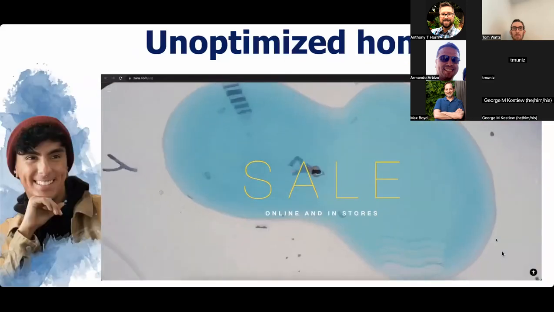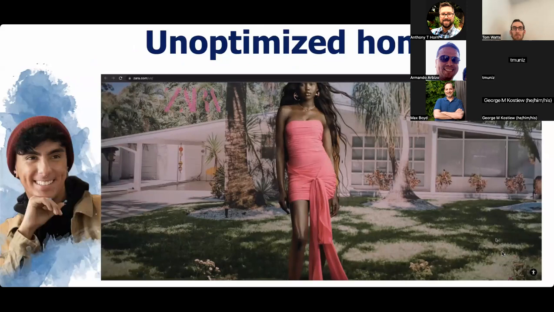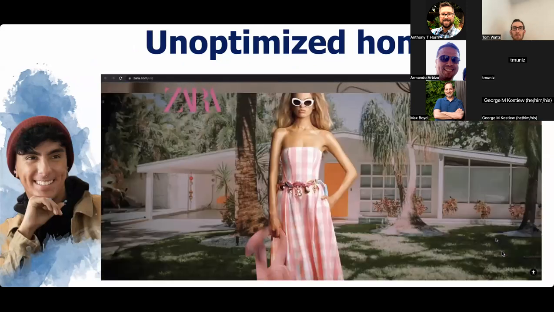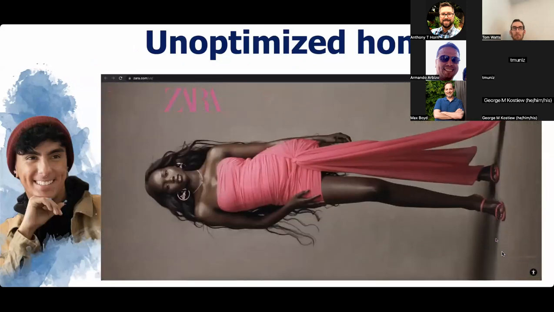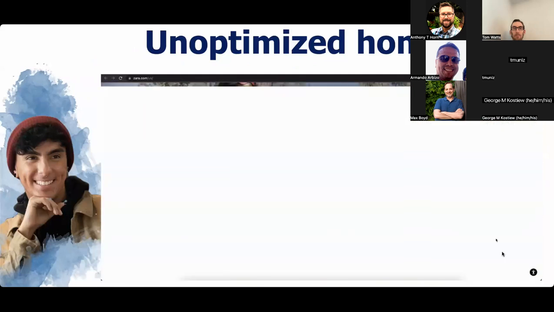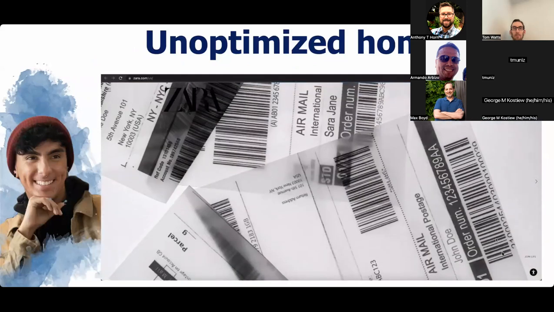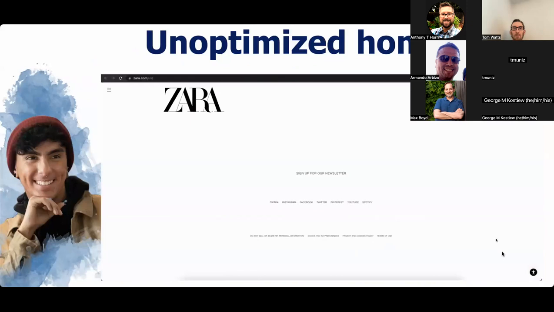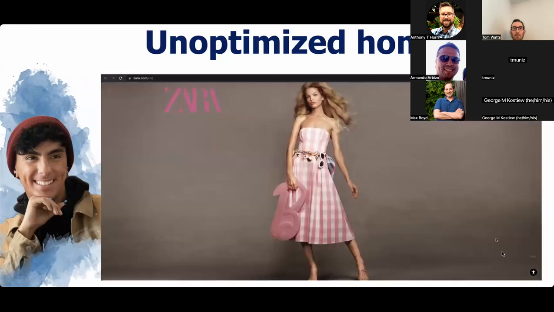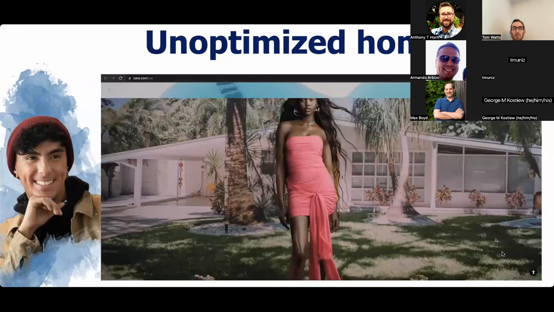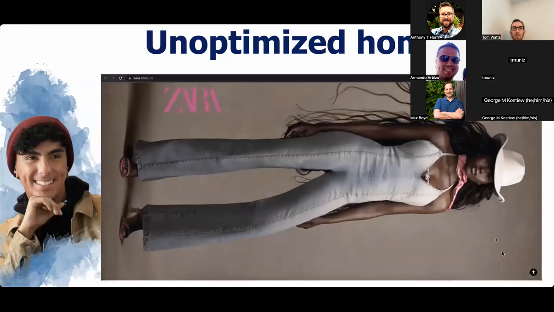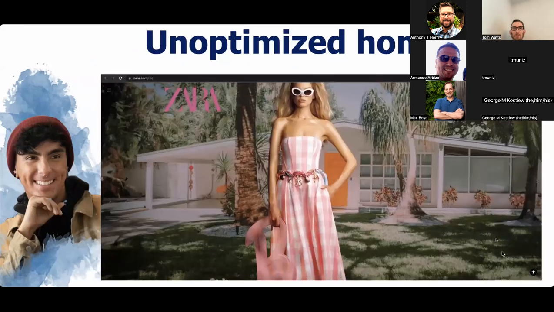So here's our first example of an unoptimized homepage. This is Zara. This is a clothing store, and this is the whole homepage. It just is flipping through photos. There's not really a navigation. You'd have to go into the hamburger menu to open that up, but it's really hard to see in that top left corner. Folks might have to resort to going into the search bar to find whatever they're looking for if they're confused.